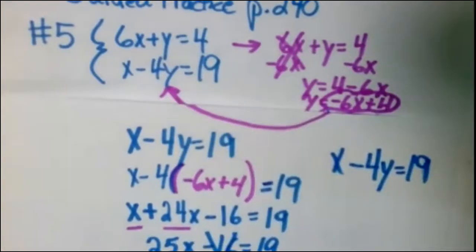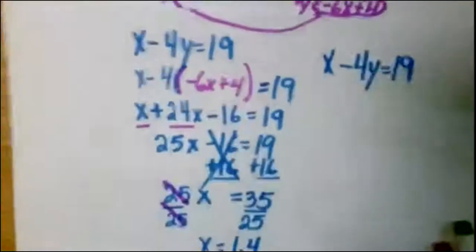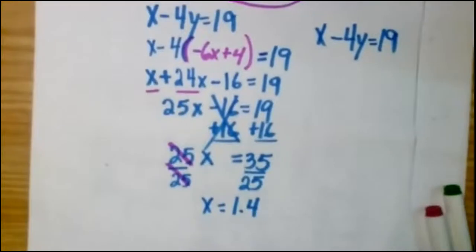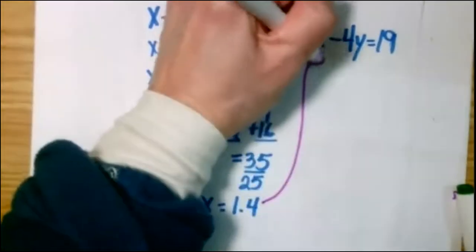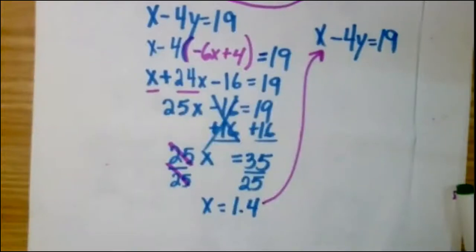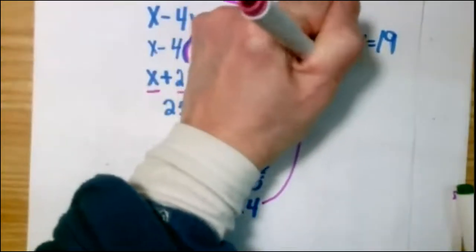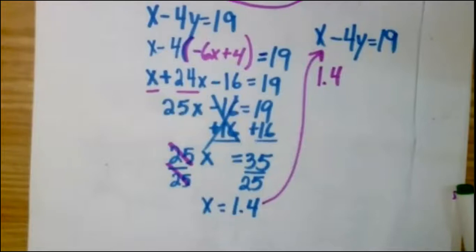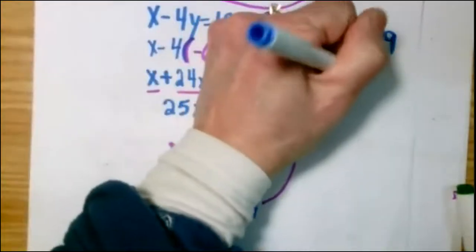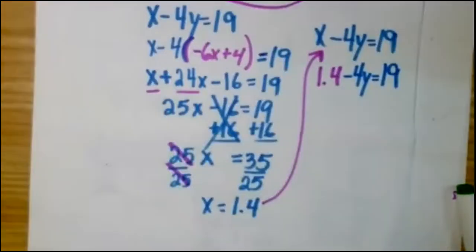I'm going to plug in this 1.4 up there. So 1.4 minus 4y equals 19.